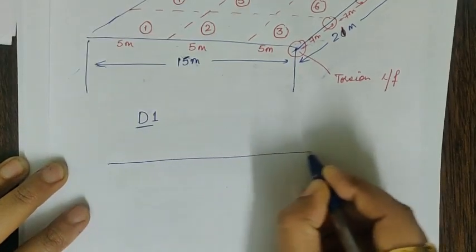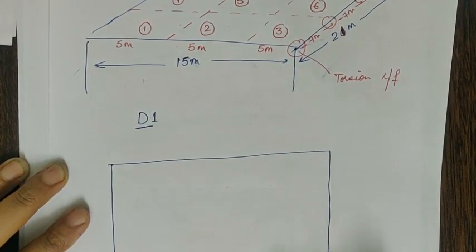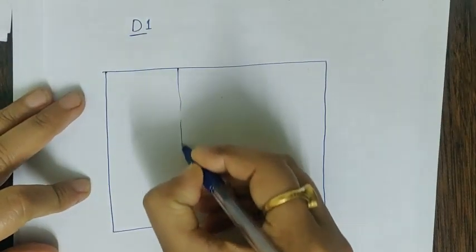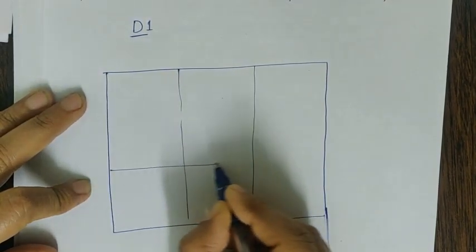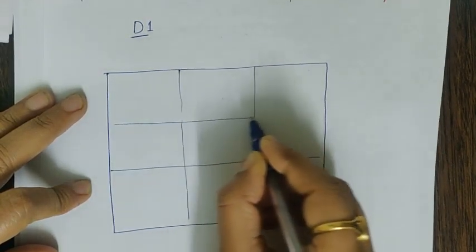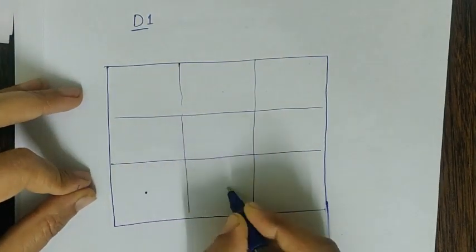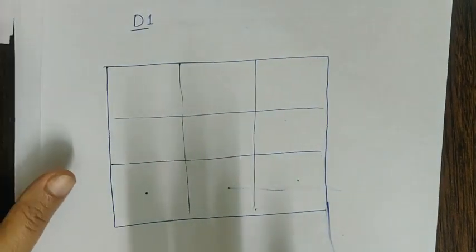This is the slab I am basically talking about. I have divided this slab into different portions in order to reduce the thickness and all. Now this is one slab, 2, 3, 4, 5, 6, 7, 8, 9. So there are 9 slabs actually.